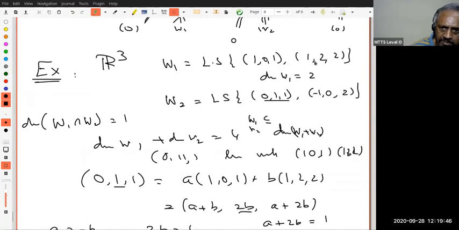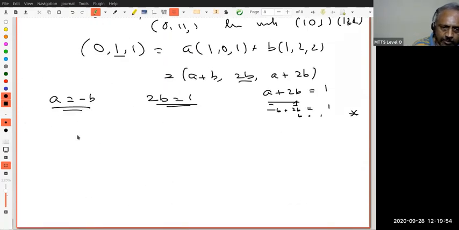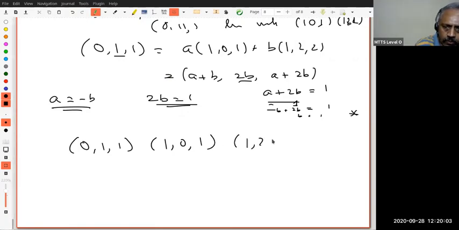Now, these three vectors (1, 0, 1), (1, 2, 2) and (0, 1, 1) must be in the vector subspace W1 plus W2. But these three vectors are linearly independent.